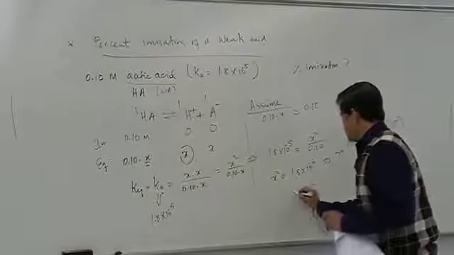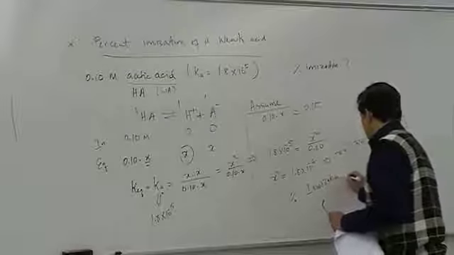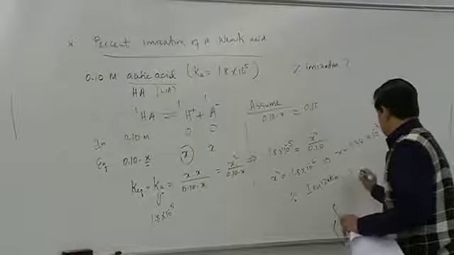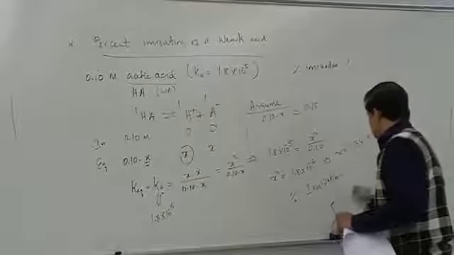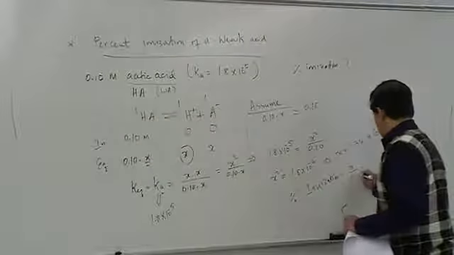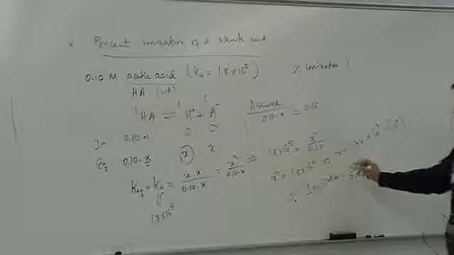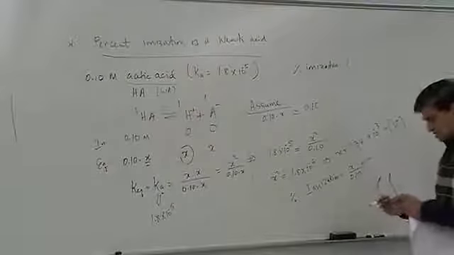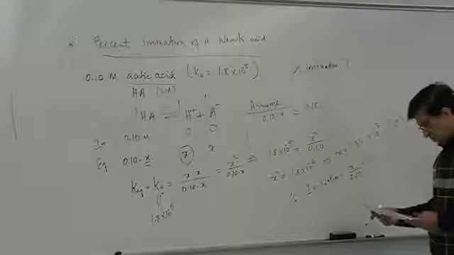Percent ionization will be given by X, how much H plus we are getting, divided by the initial concentration, which is 0.10, times 100. So how much of HA broke down, which is X, divided by initial concentration times 100, gives you percent ionization for this particular compound.